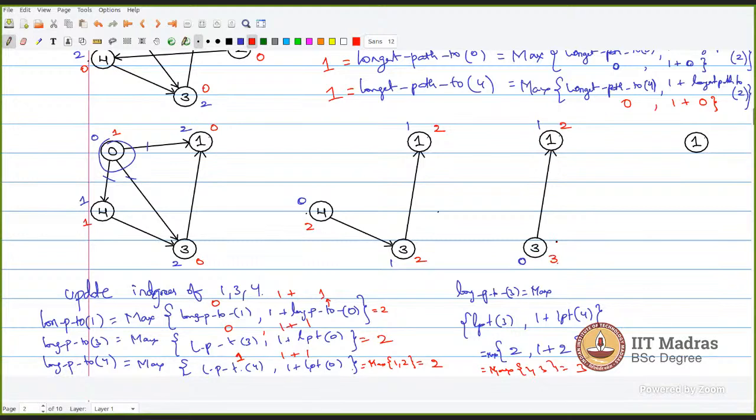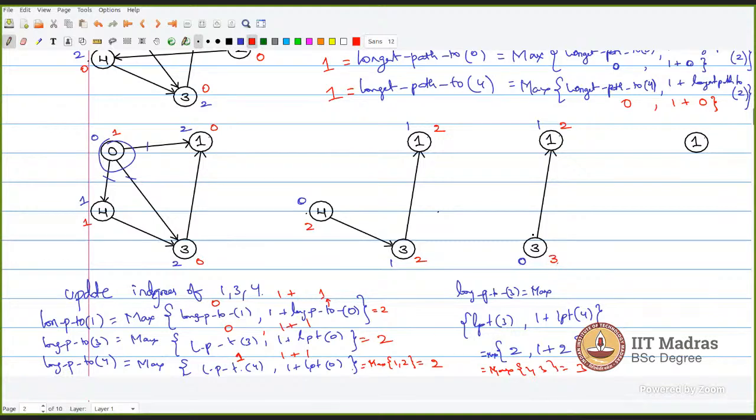So 3 edges is longer than 2 edges. That is why we take the maximum. So this number tells me that I can reach vertex 3 via 3 edges. That is why this became 3.